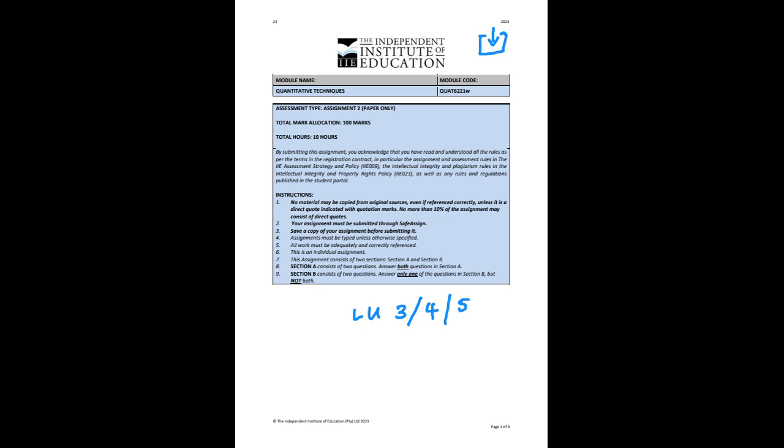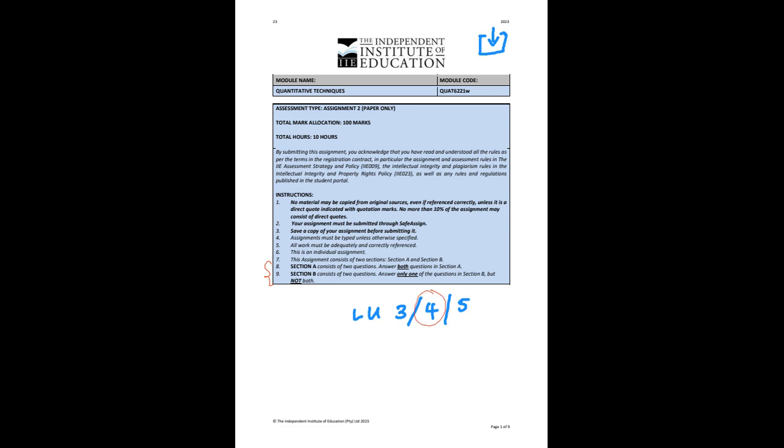You could choose. So here at the bottom, if you have a look under your instructions, section A comprises 2 questions, and both need to be answered. Those were based on your learning unit 4 and 5 content. Sorry, not learning unit 3 and 4, learning unit 4 and 5.